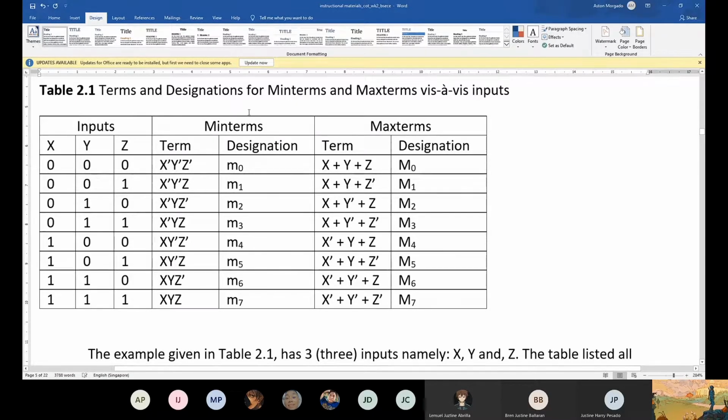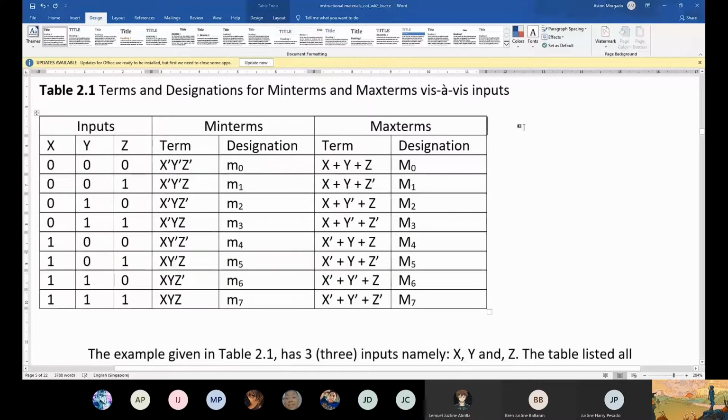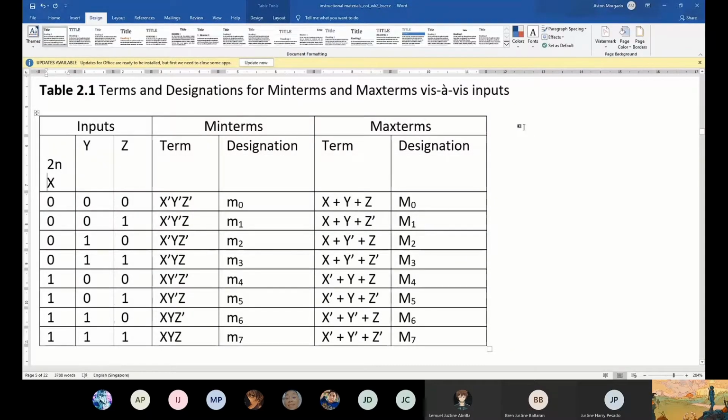Okay, table 2.1, terms and designations for minterms and maxterms. Again, vis-a-vis input, we have XYZ here, so you have 3 inputs. If you have 3 inputs, you shall have 2 to the n possible combinations. 2 raised to n, asan ka na ba?